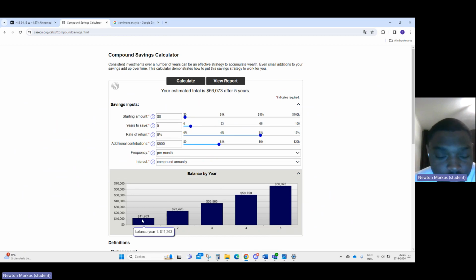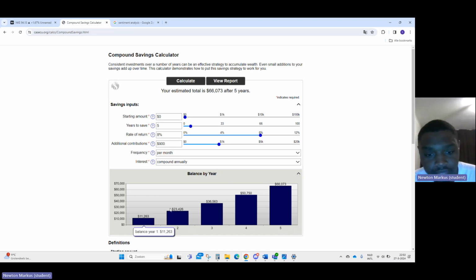So you see, the first year you have put in this amount of money, and this is what you have. So this is your investment with your interest. And the compounding part is letting your investment with interest stay in your account and letting the interest go over that amount.